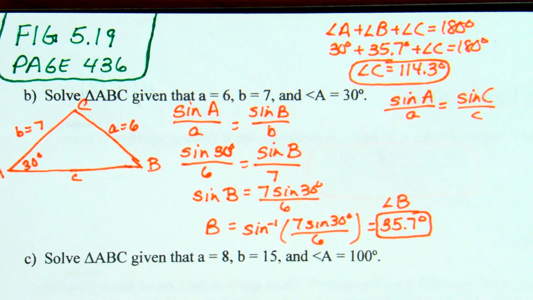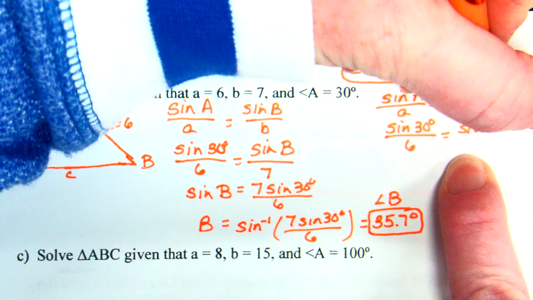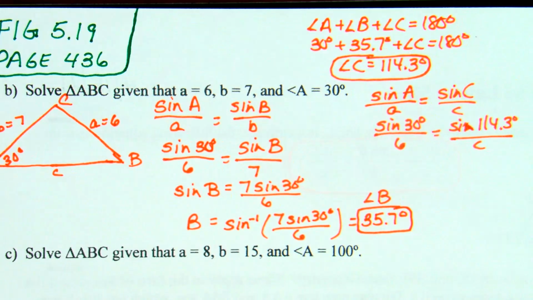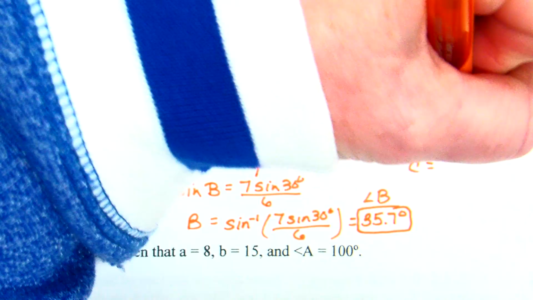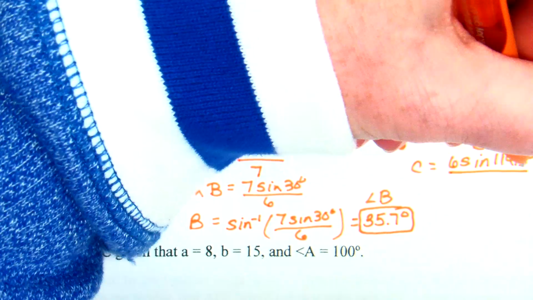Now, good news is we don't have to have a ton of room in part C. So if you need to run down to part C, you're fine. Sine of 30 degrees divided by 6 equals sine of 114.3 degrees divided by C. Cross products: C times sine of 30 is 6 times sine of 114.3.